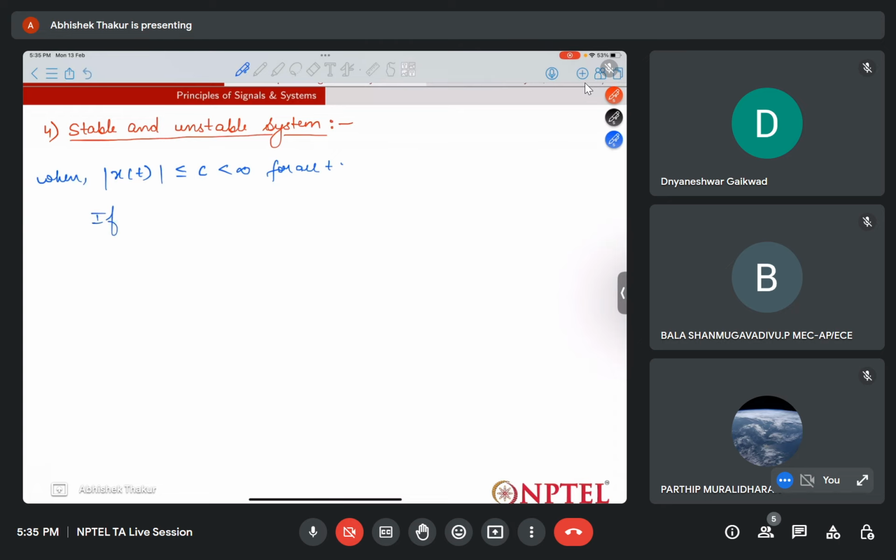And after that, the output y(t) is also bounded by some constant k for all t. Then the system is said to be stable. And this kind of stability is known as bounded input, bounded output.